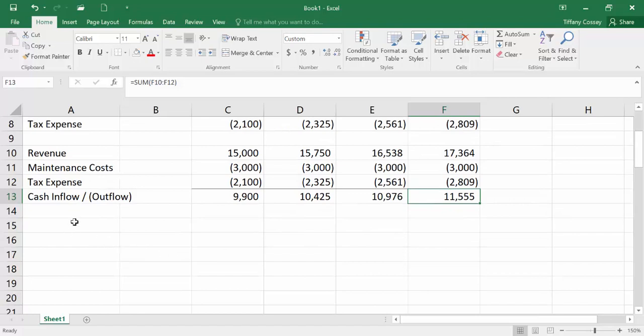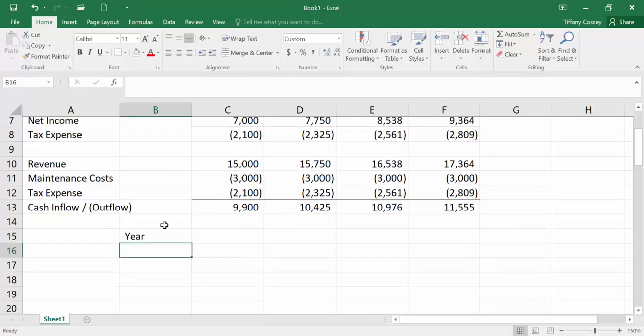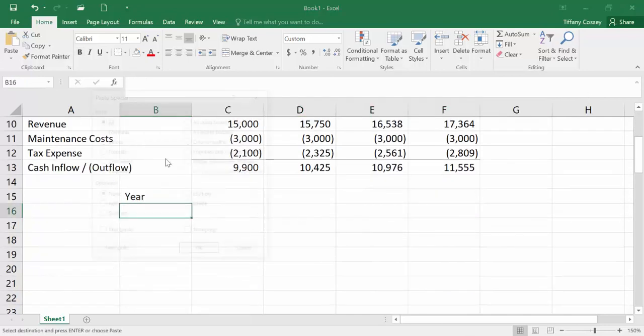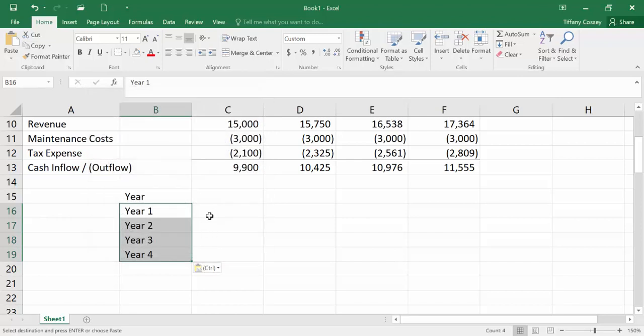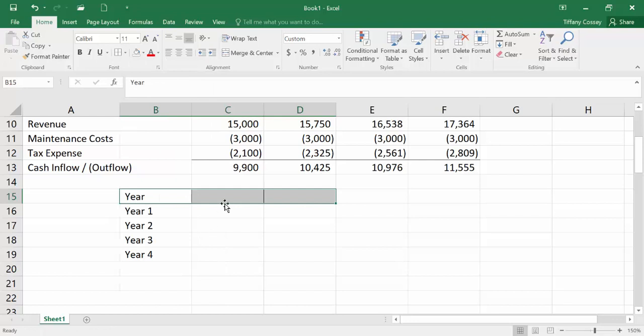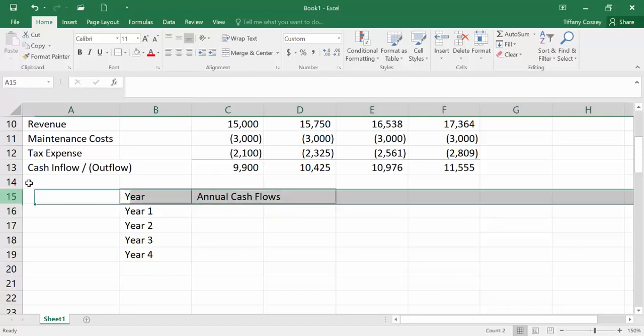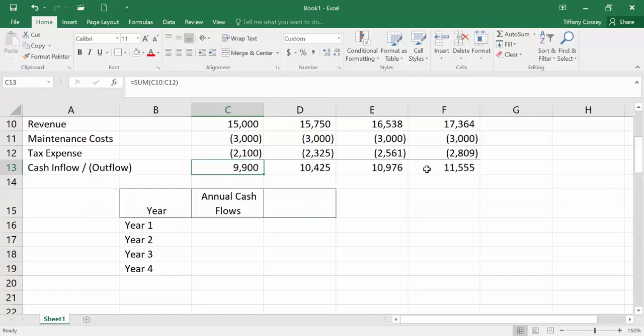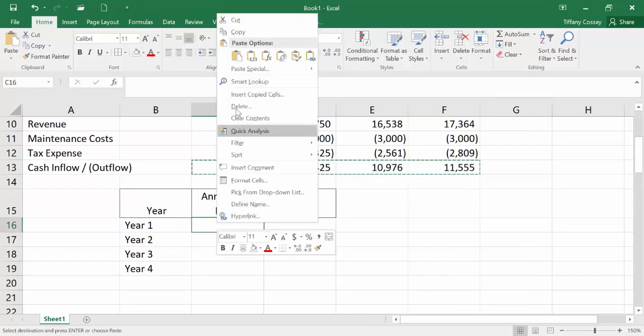So the first thing that you're going to do is figure out the year, and the annual cash flows, which we've already done, so I'm just going to simply copy and paste these.